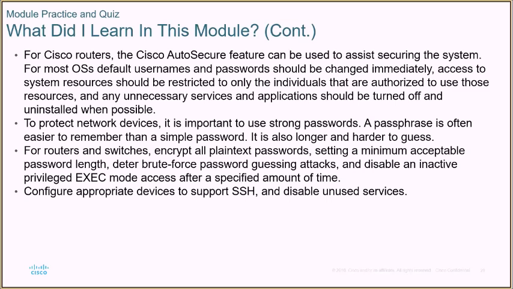A passphrase is often easier to remember than a simple password. It is also longer and harder to guess. For routers and switches, encrypt plain text passwords and set a minimum acceptable password length. We can deter brute force password guessing attacks and disable an inactive privileged exec mode access after a specified amount of time. Configure appropriate devices to support SSH and disable unused services.